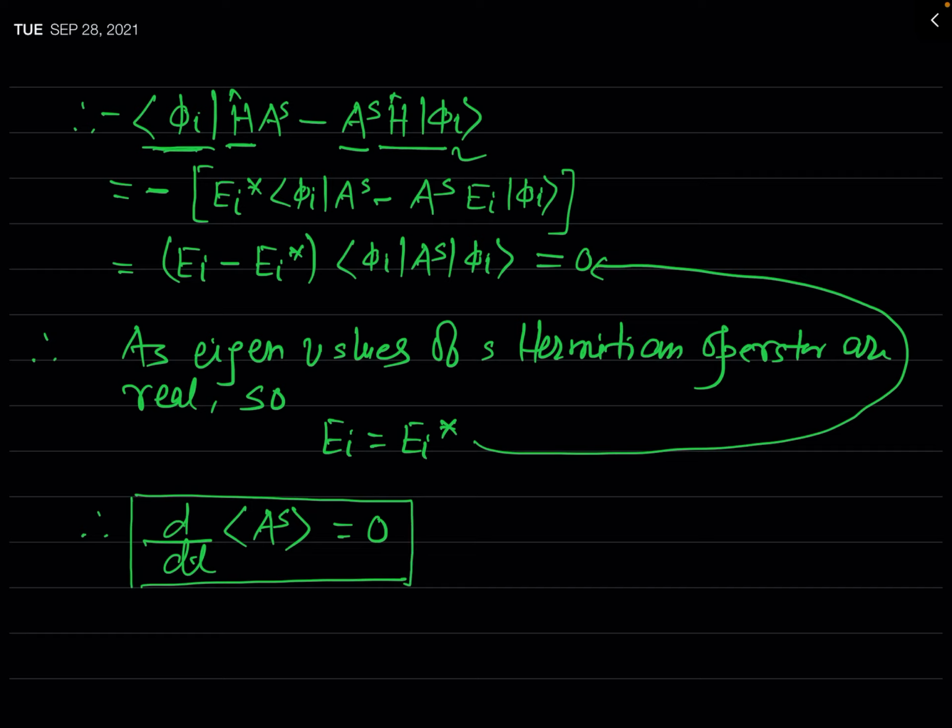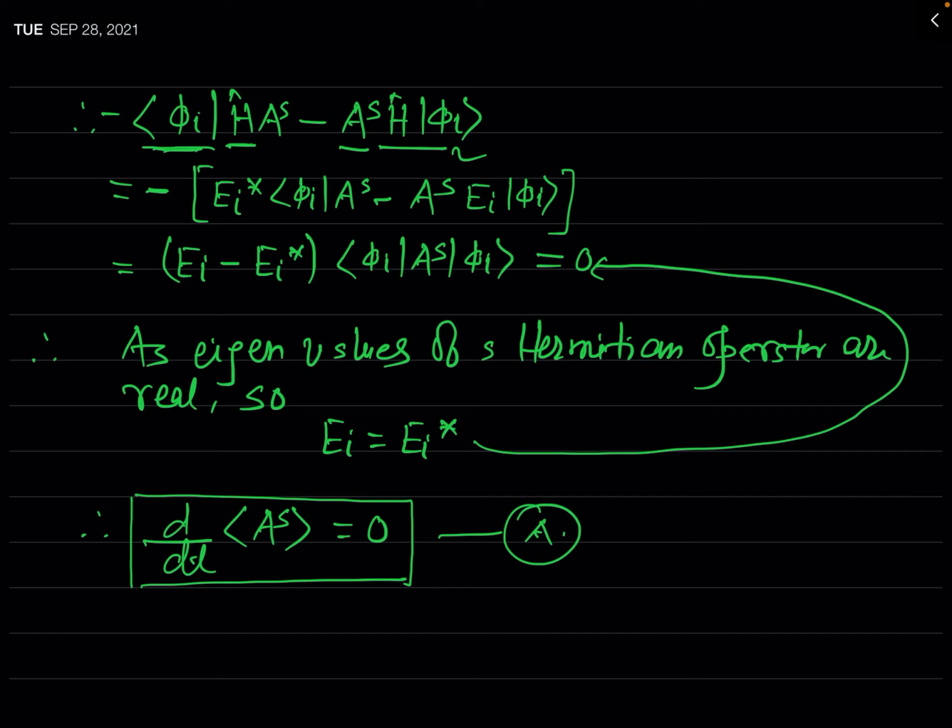And this is also 0 when the operator AS does not commute with H. So these are the two situations when the time derivative of AS is equal to 0. This is a very important result and you should remember it.